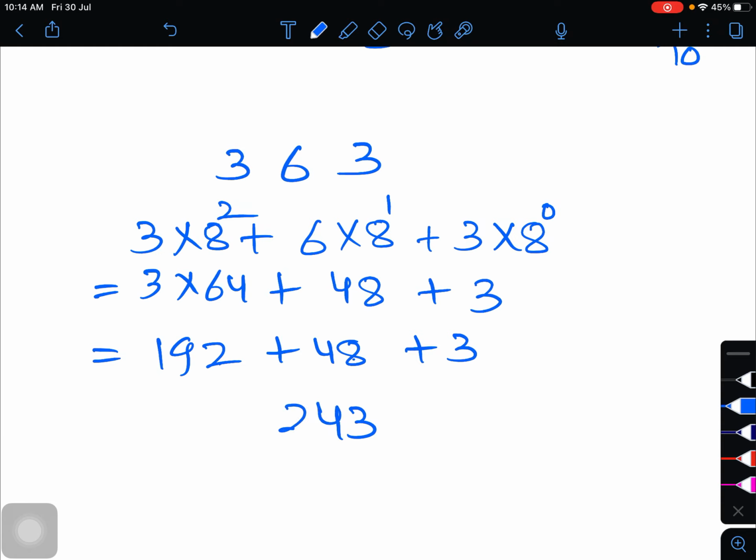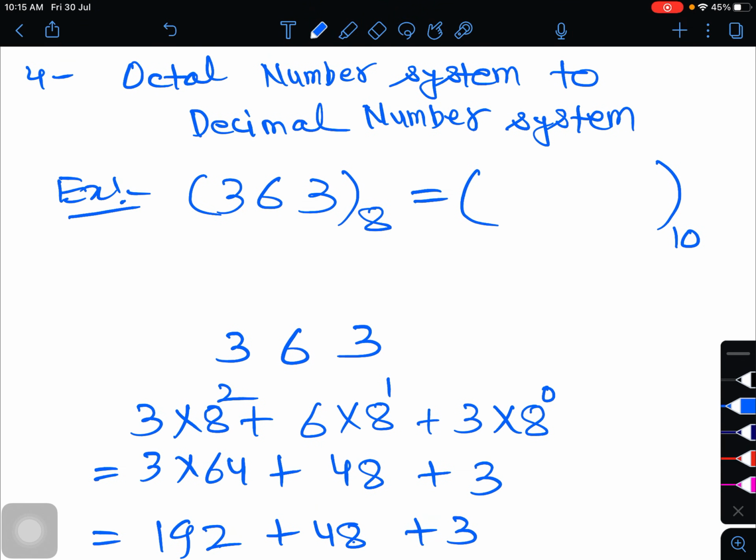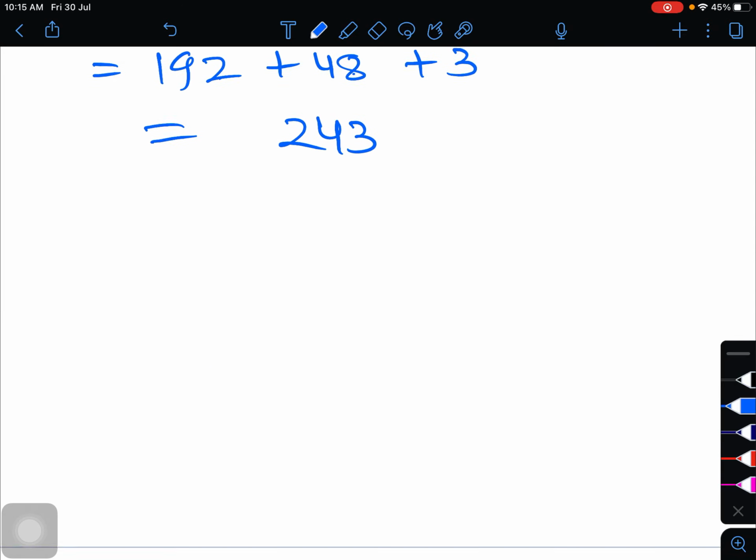Look at here. So in this way you can convert octal number system to decimal number system.